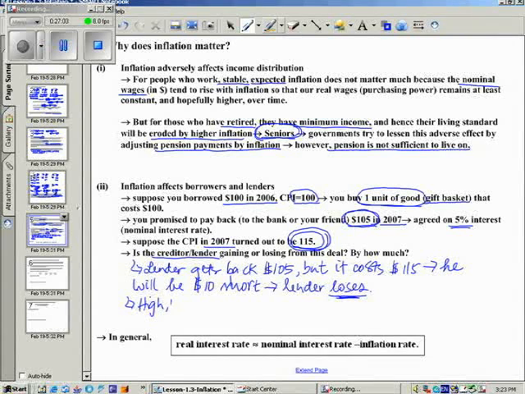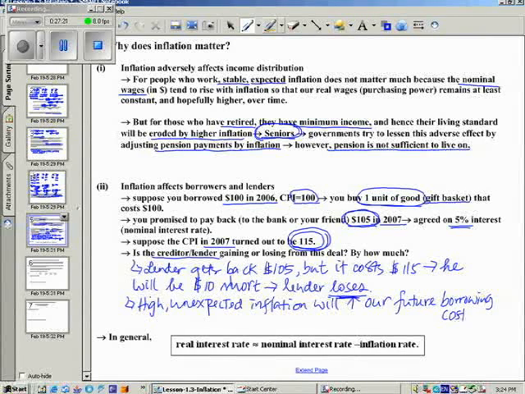So high unexpected inflation rate will increase our future borrowing costs. It takes a long time to build a reputation, and it takes just one shot to destroy a reputation.